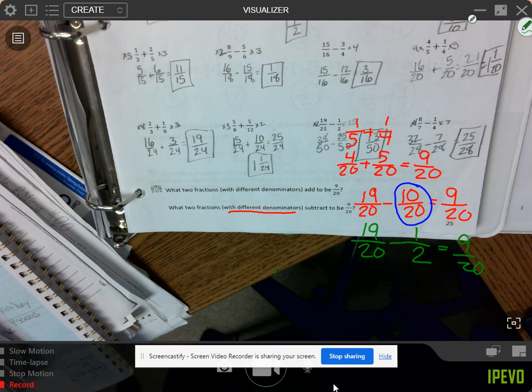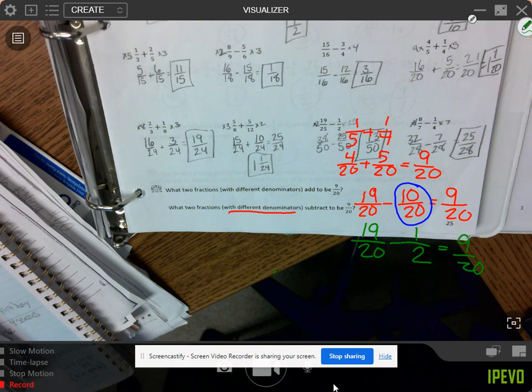So one of them could have stayed 20, because it doesn't say it couldn't be 20, it just has to be two different. So 20 and 2 are two different denominators. So you were on the right track, you just had to take it one step further to simplify one of those fractions.